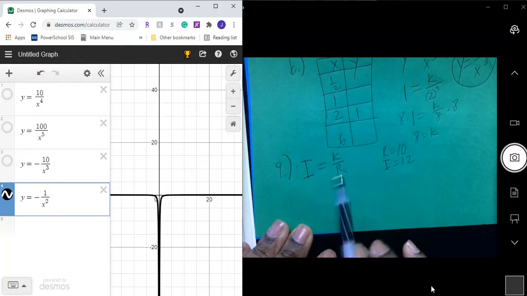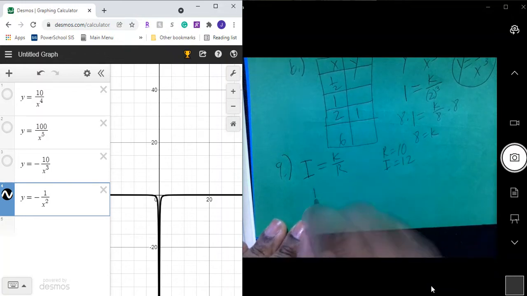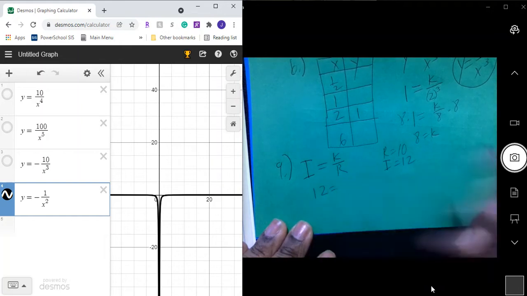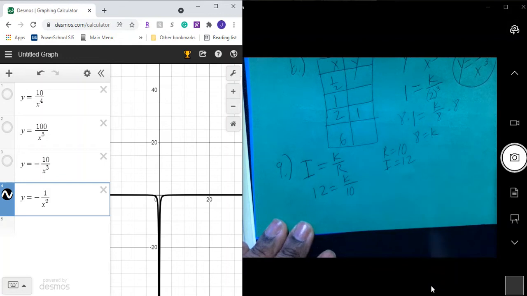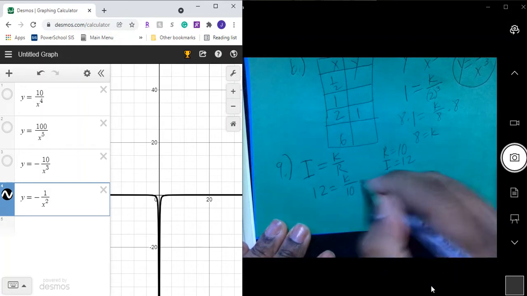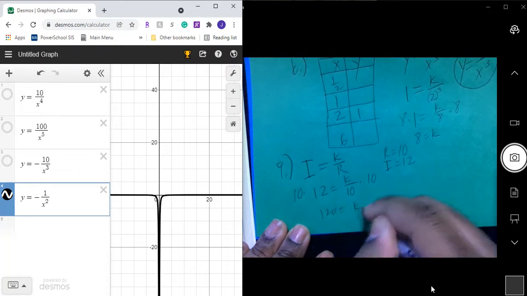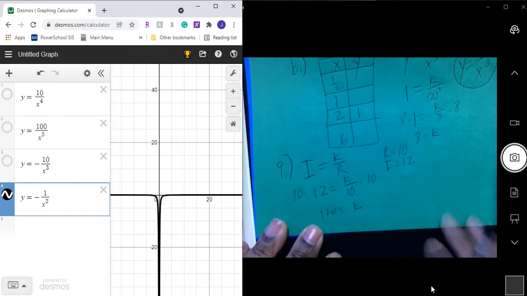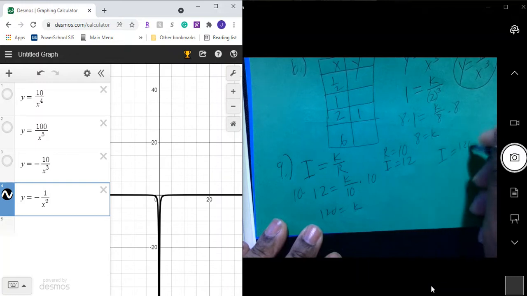So now we would substitute and then solve for K. So we have I is 12 is equal to K over R is 10. Now we have to get K by itself, so we'll multiply each side by 10, and that'll be 120 is equal to K. So now our formula would be I is equal to 120 over R.